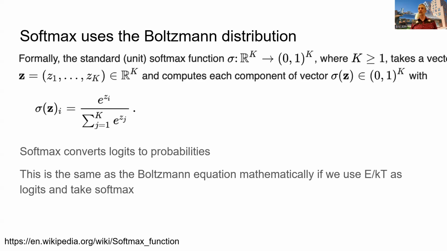What is the probability of each of these things? And I'm going to use the same mathematics that I would use if the numbers coming out of my neural net were energies, okay? All right, it's a beautiful connection, but I'll let you guys think about it.